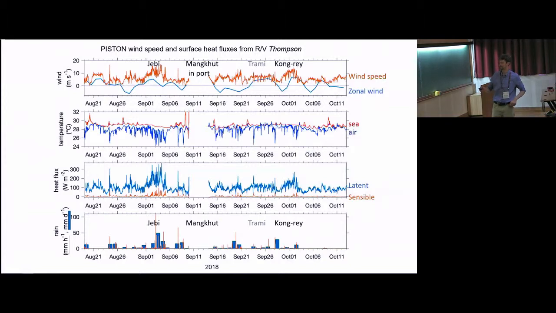But nevertheless, we see that these tails and tropical cyclones are actually quite far away from the ship. We were in a position where we were in no actual danger, luckily, and also by plan and design of the experiment.